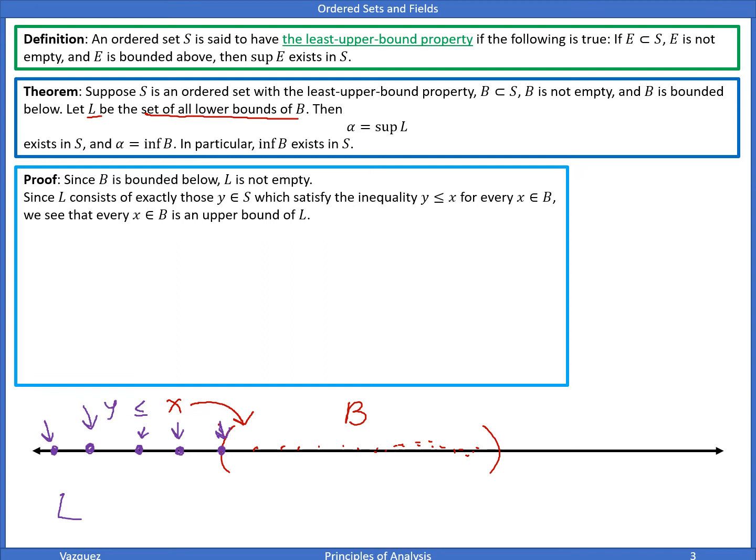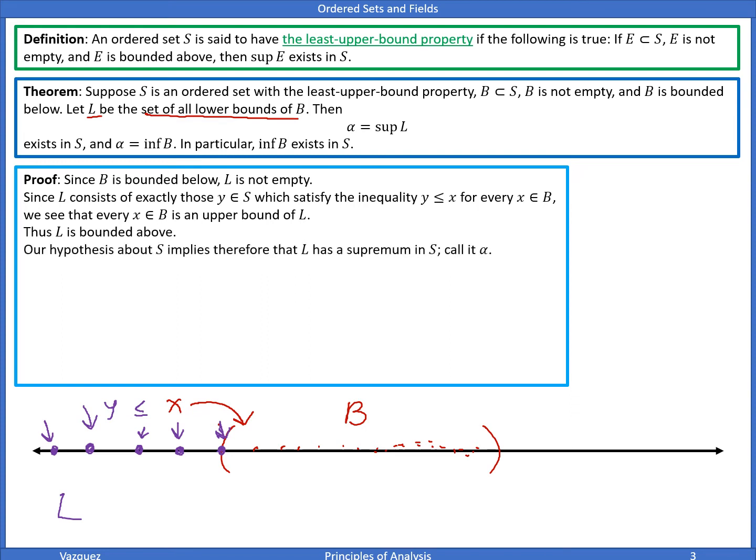So all elements of B are upper bounds of the elements of the set L. Okay, so we can say that L is bounded above.